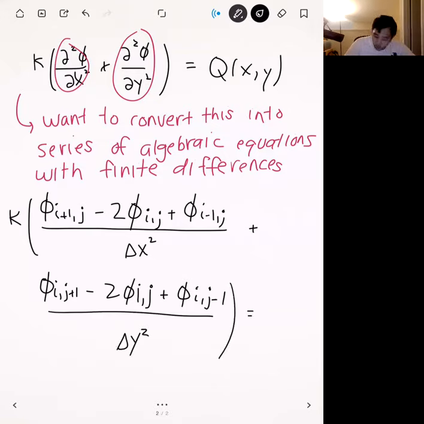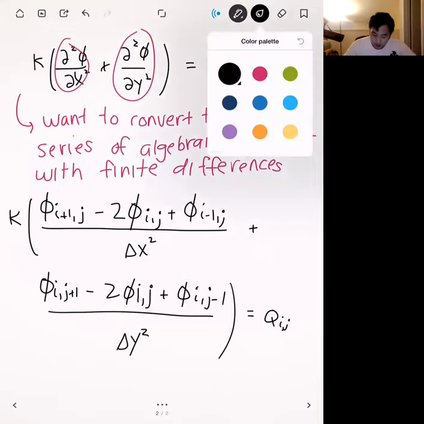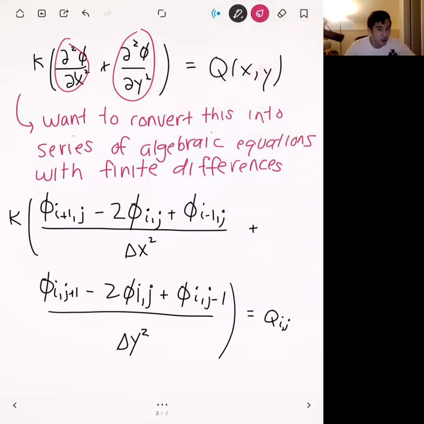And this is equal to q i comma j. So it's basically going to be our source term evaluated at the i comma j coordinates.